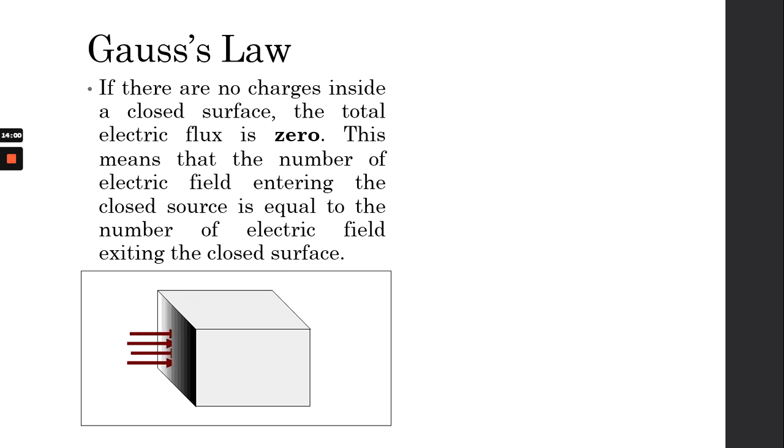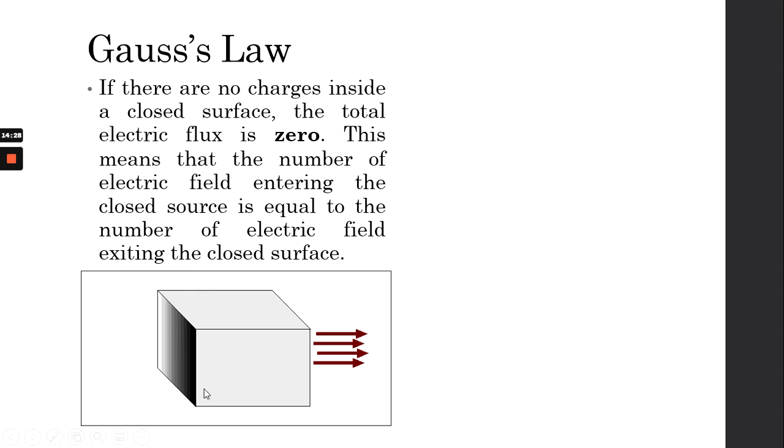So the top and the bottom have the same number, left and right have the same number, back and front have the same values, but the only difference is that one of them is negative and the other is positive. And if you add all those electric flux together, the total electric flux is 0. And that is because there is no charge inside your surface.